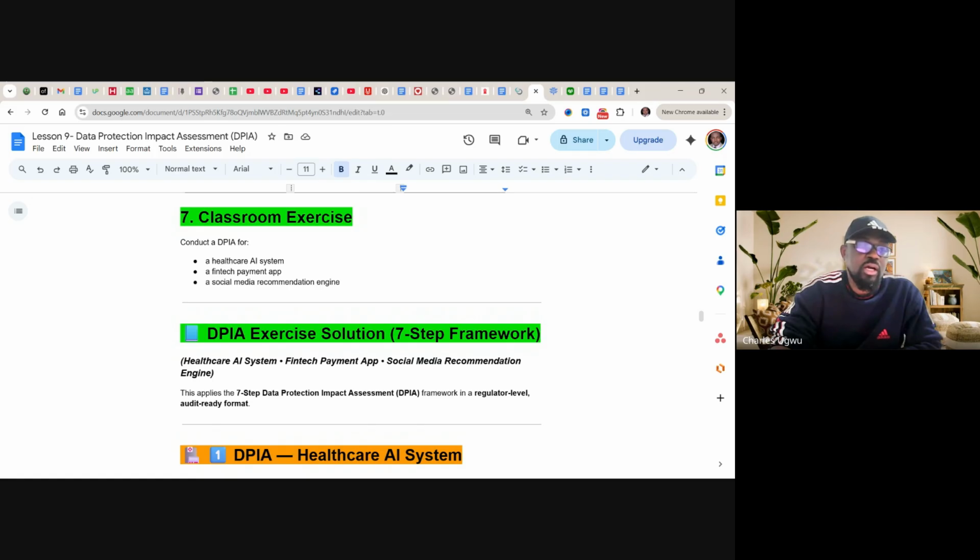We are going to carry out a data protection impact assessment for a healthcare AI system, a fintech payment app, and a social media recommendation engine.